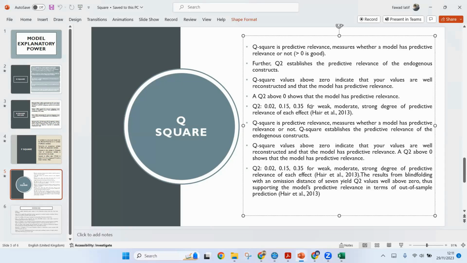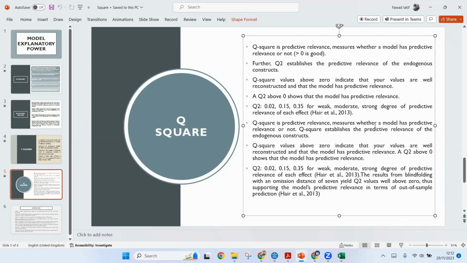If your Q square is 0.02, it's weakly relevant; 0.15, it's moderately relevant; 0.35, it's strongly relevant.